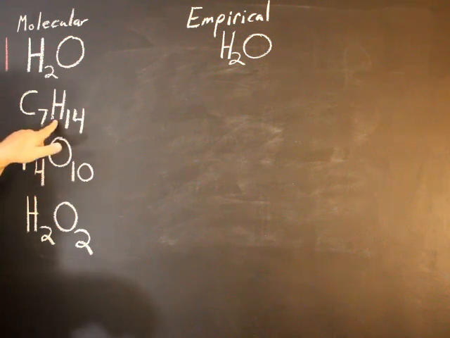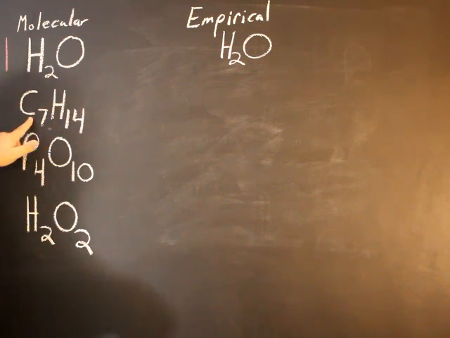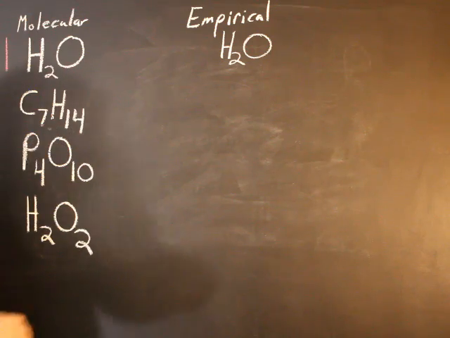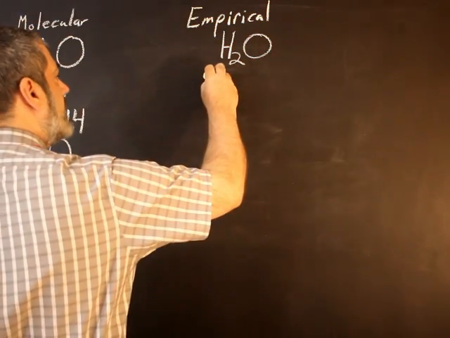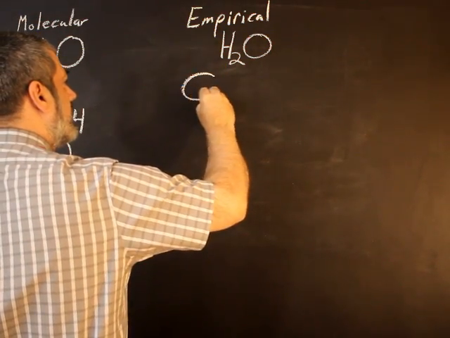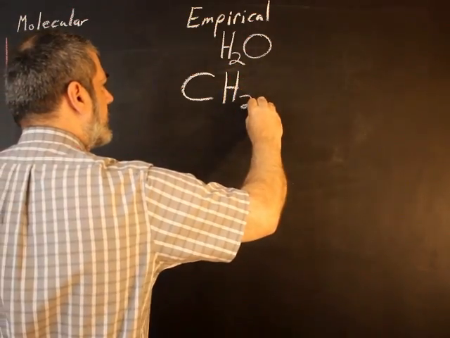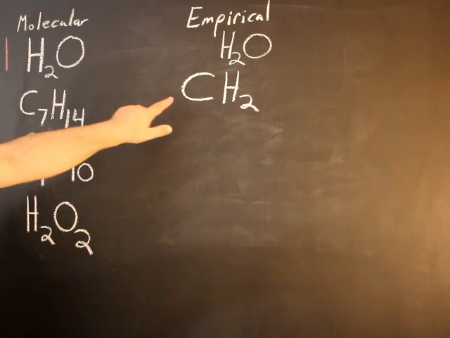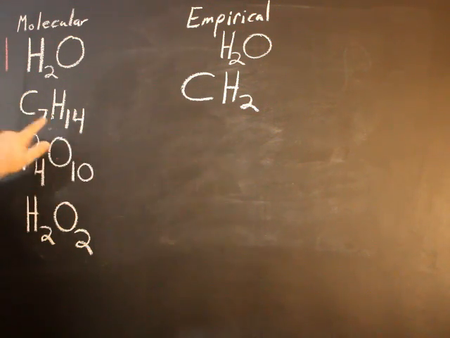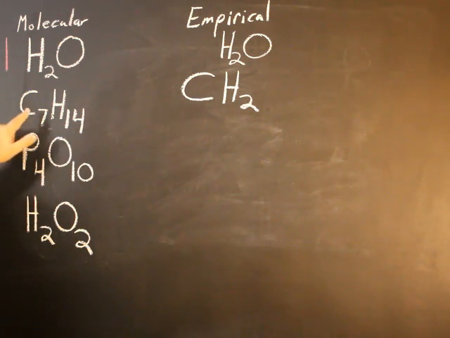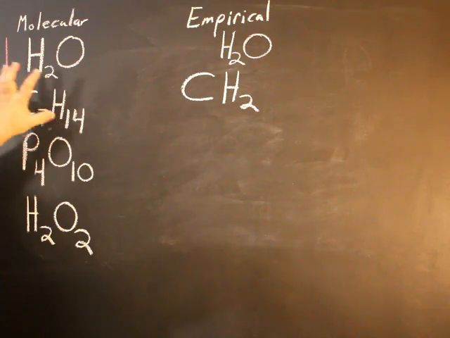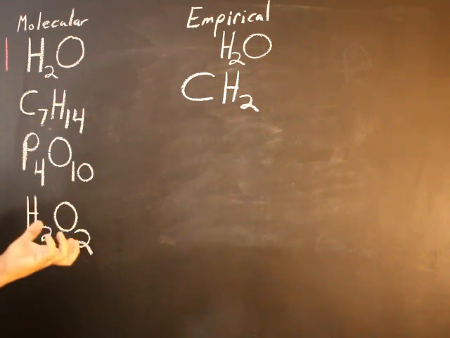But for C7H14, if I divide everything through by 7, again finding the lowest common denominator, this gives me CH2, right? 1 carbon to 2 hydrogens. This would be the true formula, the molecular formula of this compound.